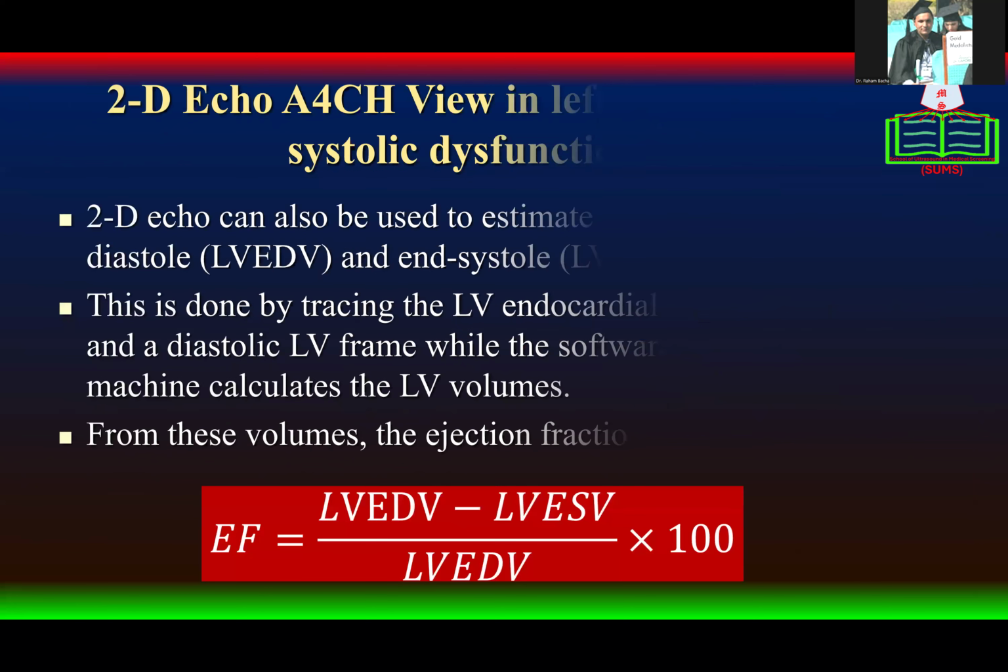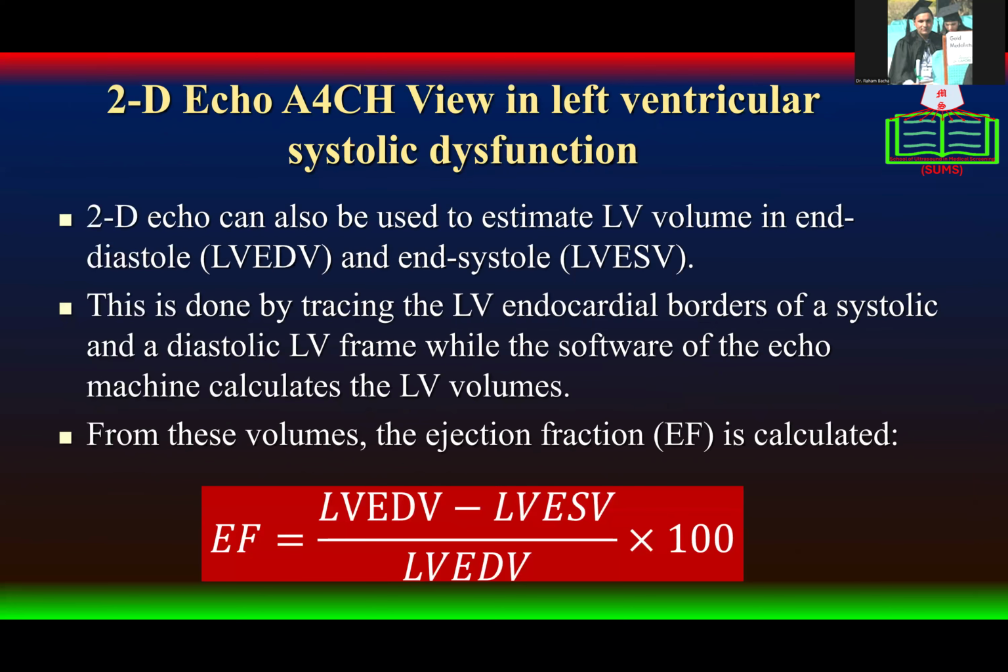In the case of two-dimensional echocardiography, a four-chamber echocardiographic view in left ventricular systolic dysfunction. If we use two-dimensional echo, then we will estimate left ventricular volume in diastole and in systole. This is done by tracing the left ventricular endocardial border of a systolic and diastolic left ventricular frame.